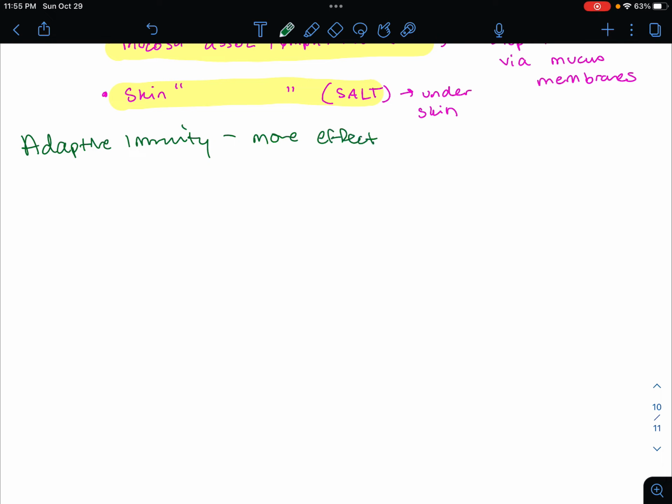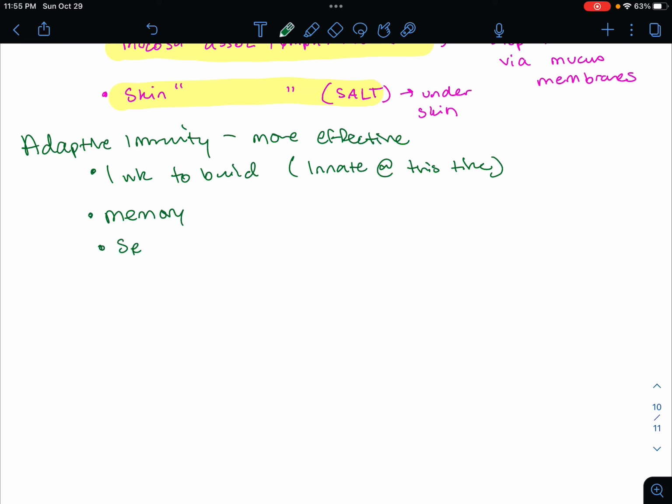However, we're going to be very specific in our response. And while we're trying to build it up, we're going to actually be using innate immunity to handle things. Adaptive immunity has both memory and specificity, as we discussed.